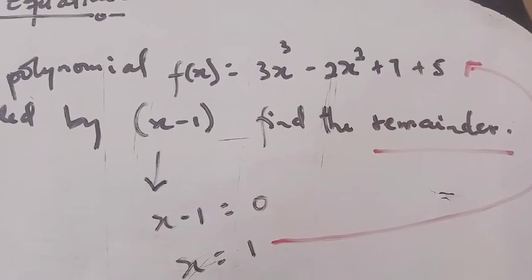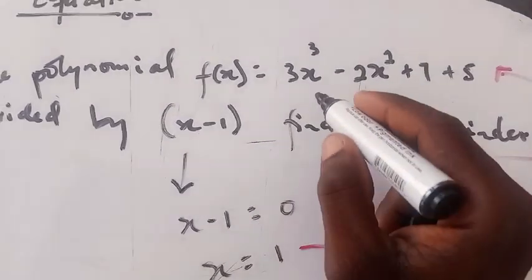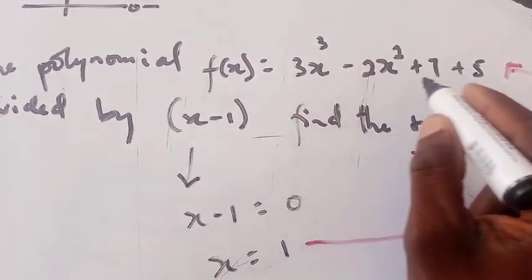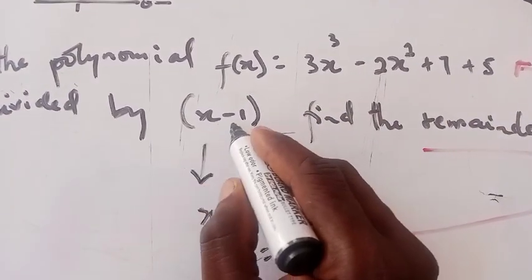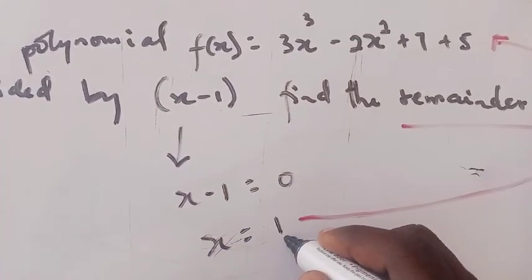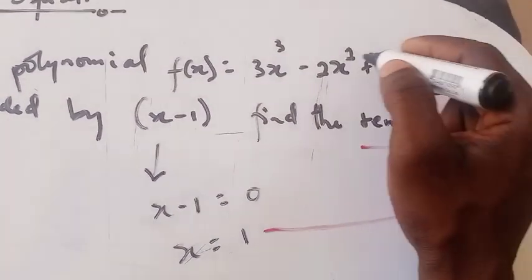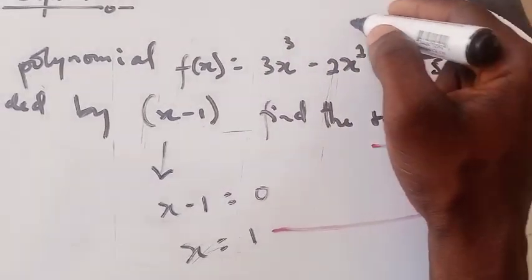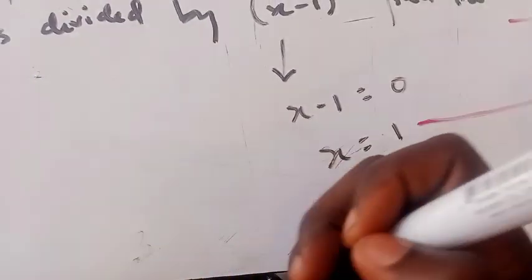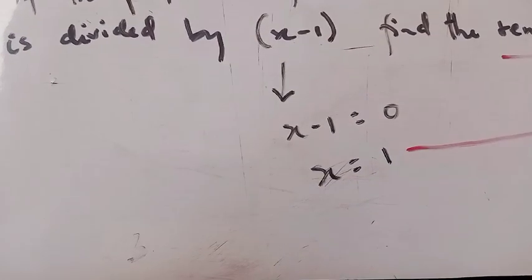Okay, perfect. Now proceeding from here, we are going to replace the x here by 1. Because everything here is being divided by x minus 1, you first of all need to solve this and have your x equal to 1. Take this x and put that inside the entire machine here. So this is a polynomial, so we are going to have 3. Let me change my pen here.